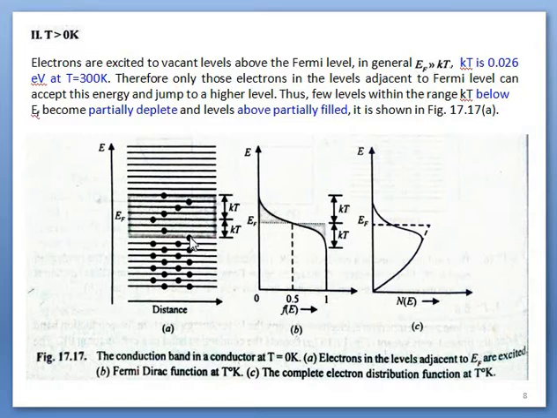Here the probability distribution function up to EF is reduced slightly below 1. So see, by increasing the energy, up to this level the Fermi distribution function is 1.